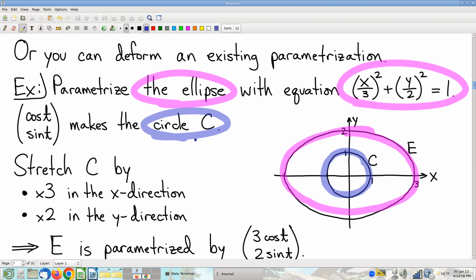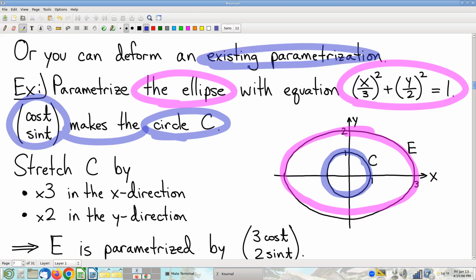So for this ellipse here, even though I don't know how to parameterize it, I do know how to parameterize the circle. I have an existing parameterization, and I'm just going to tweak it to match the very similar thing that I'm trying to parameterize.